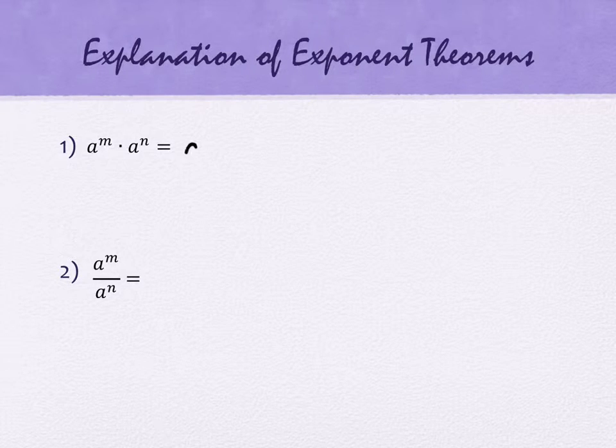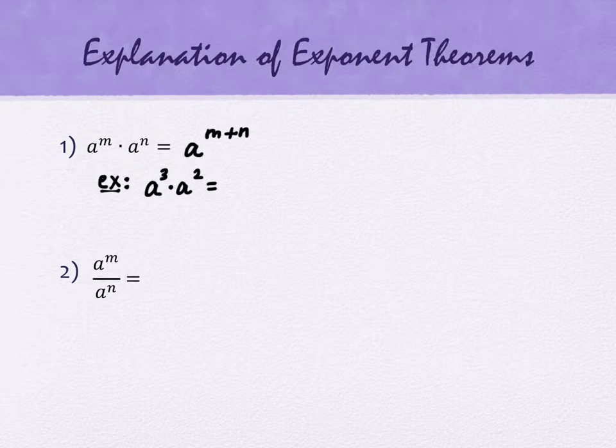Okay, so the first one that we did, we said that this should be addition. So I'm going to give you an example with numbers in it. That's why it's not a proof, because if you're actually wanting to prove it, you can't put numbers in to make it work. But we're going to do the example a to the third times a squared. So what does a to the third mean?